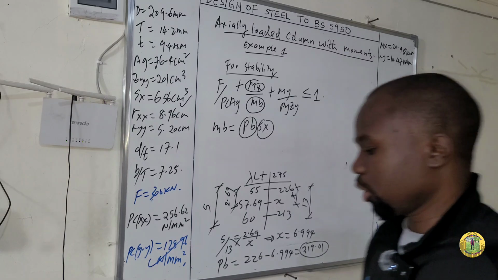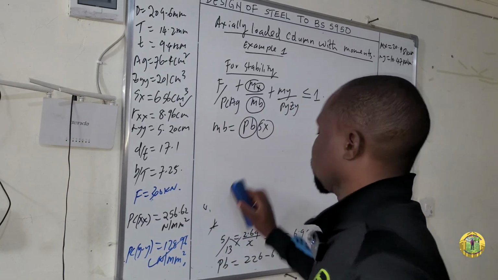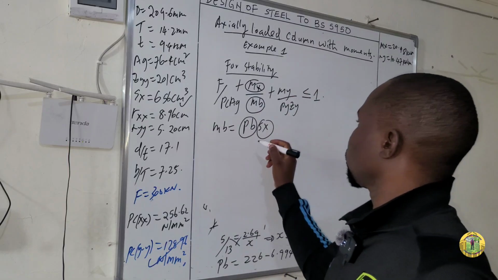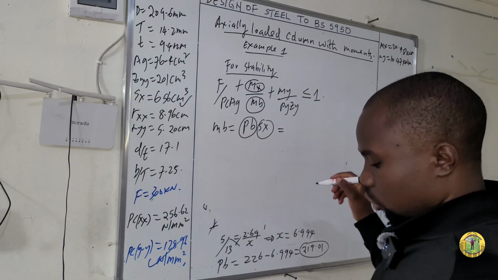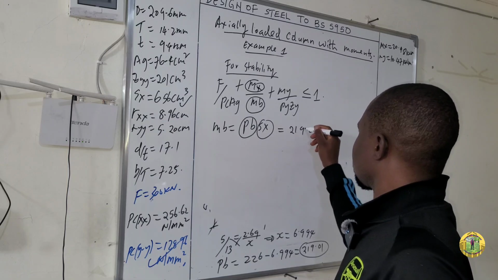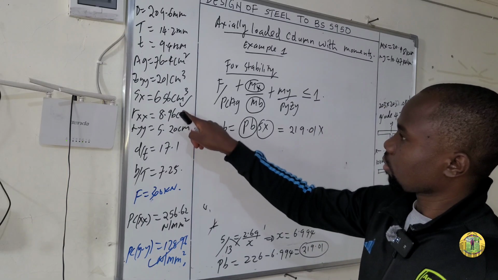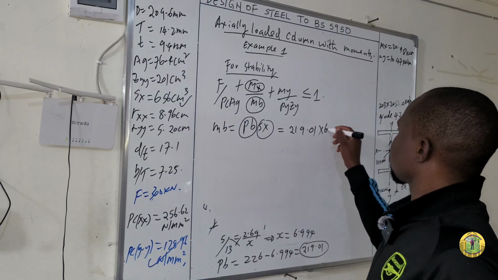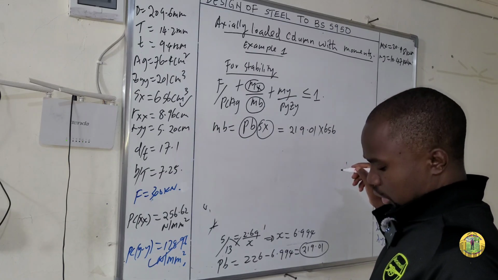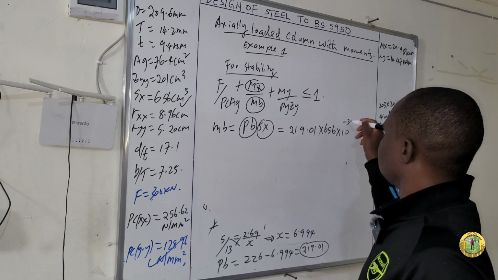So this one is equal to, PB is 219.01 times 656 times 10 to power of 3, because we want to change this centimeter cubed to millimeter cubed.